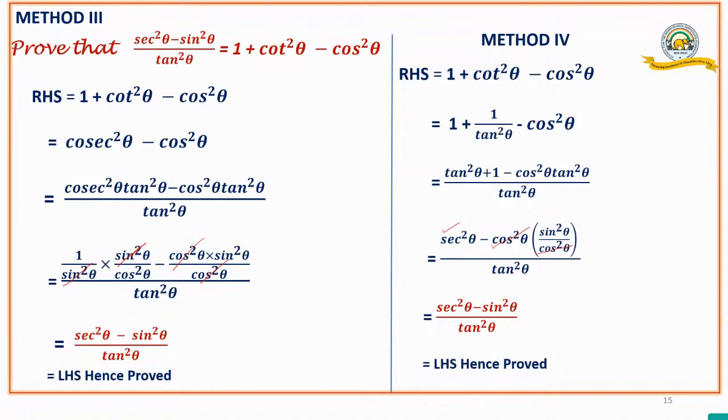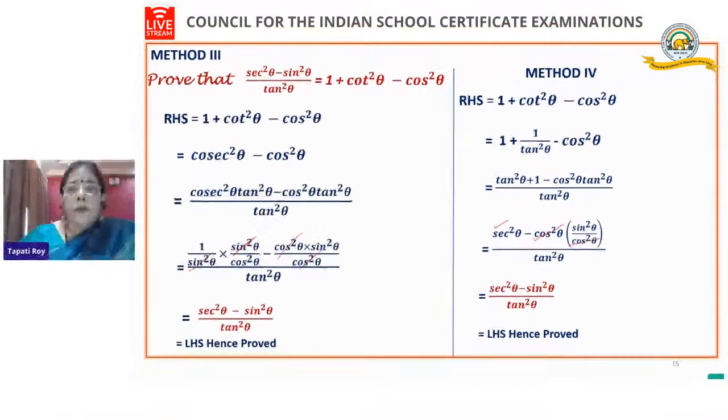Isn't it wonderful? See, one sum we could do by 4 methods, and when you find a different method of working out, you'll feel the joy of solving the sum. So when you try your sums, if it is not just one single expression on your right hand side or the left hand side, you can do by any method.